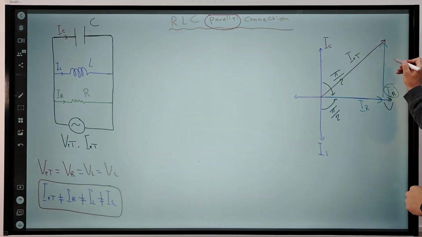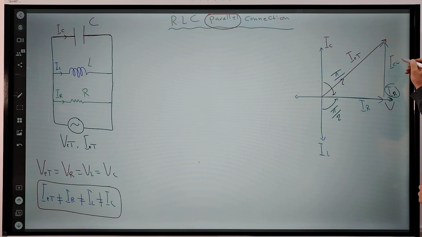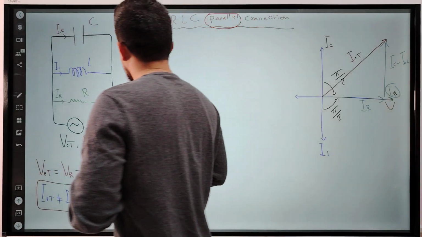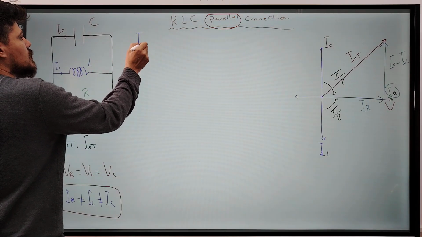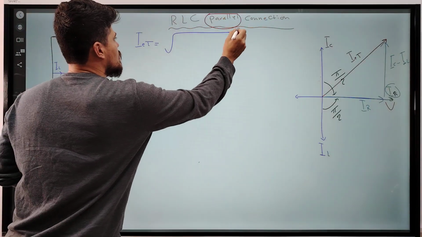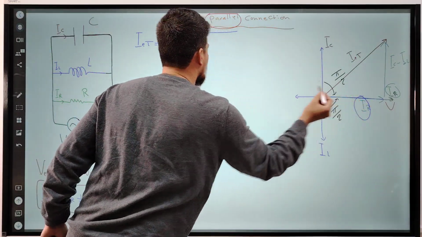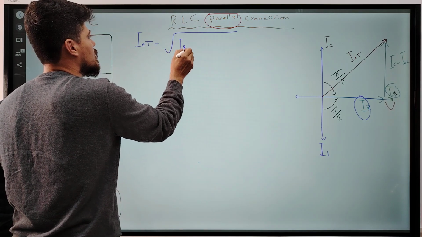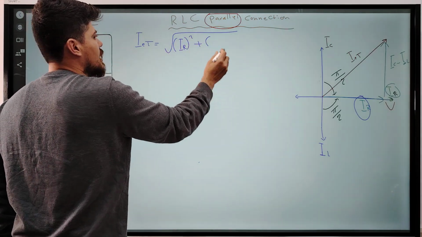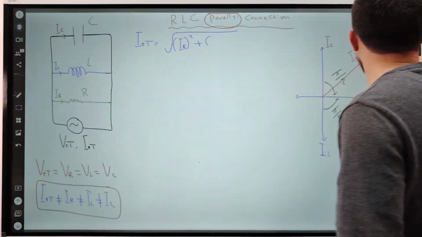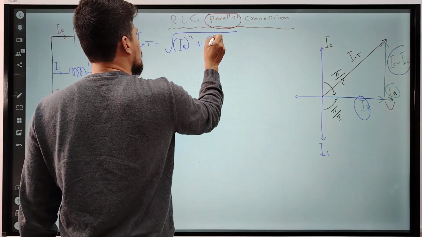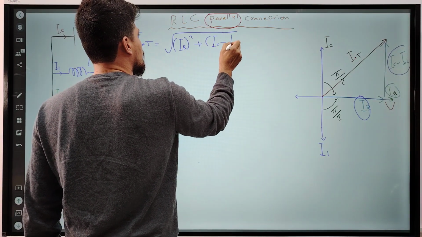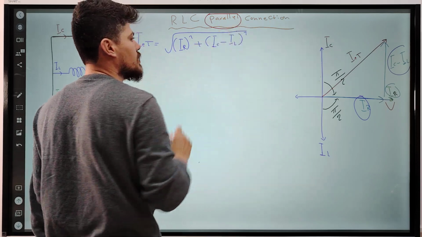So that is why we have to write down here IC minus IL. Okay? So according to the Pythagorean theorem, I effective total is equal to the square root of adjacent square, IR square, plus in the opposite, IC minus IL, squared.